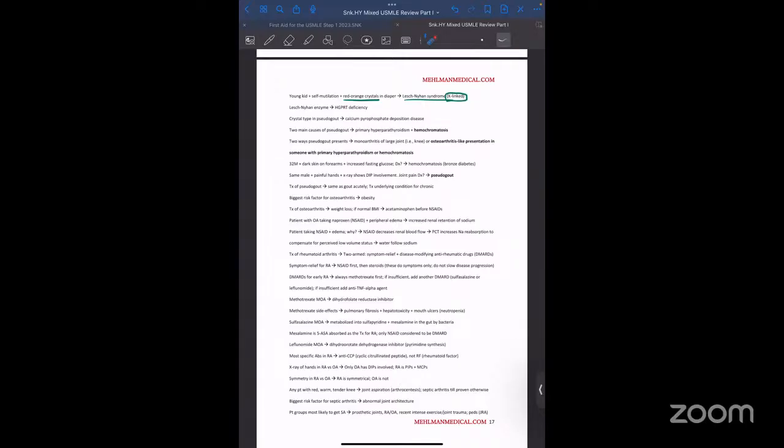What's the biggest risk factor for osteoarthritis? Obesity. Treatment for osteoarthritis is weight loss. If normal BMI, then acetaminophen before NSAIDs. This has always been a point of difference between NBME and AMBOSS and UWorld.